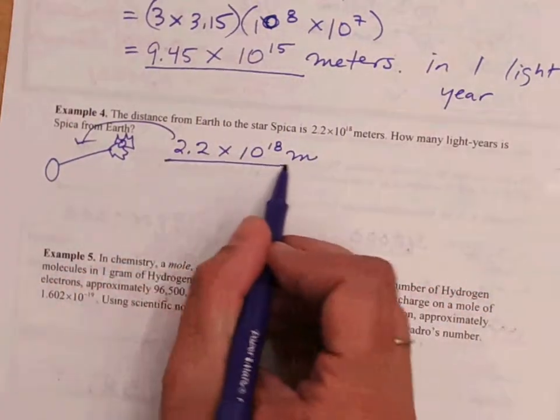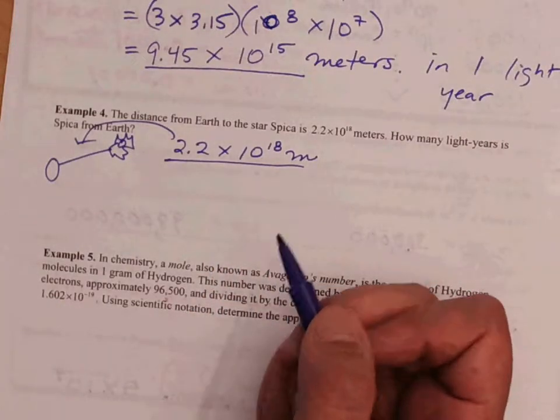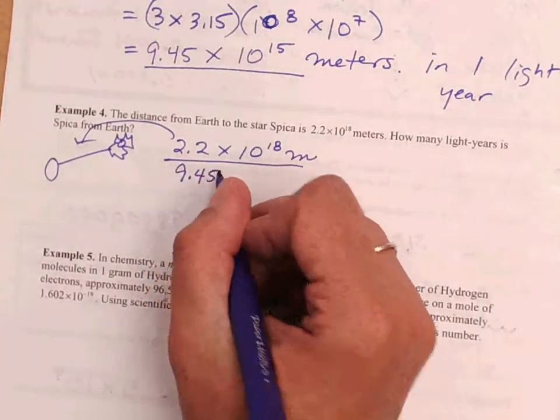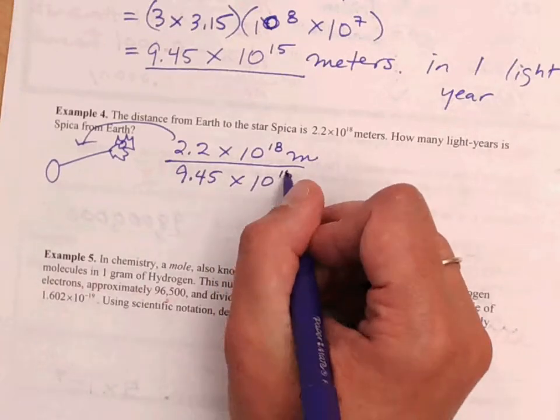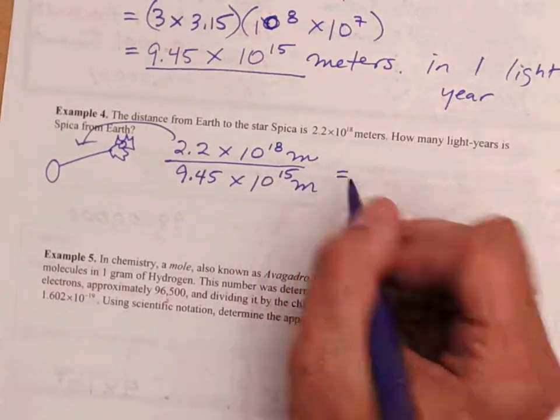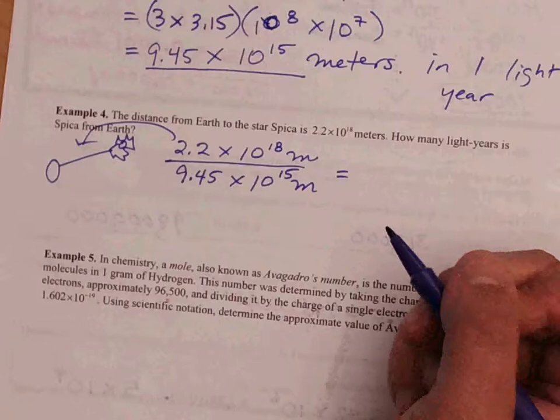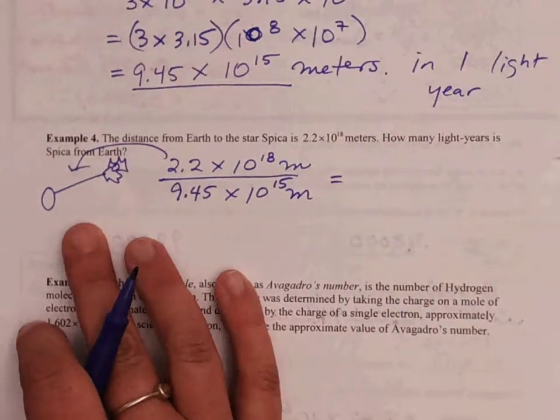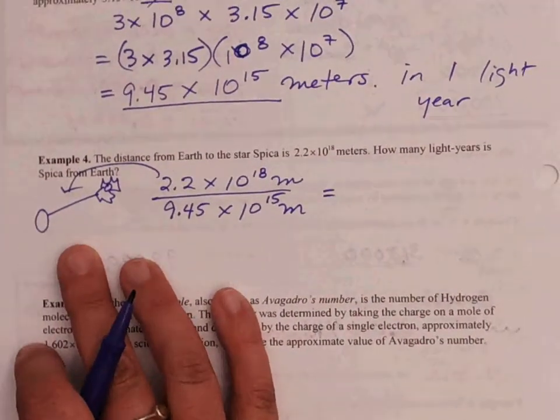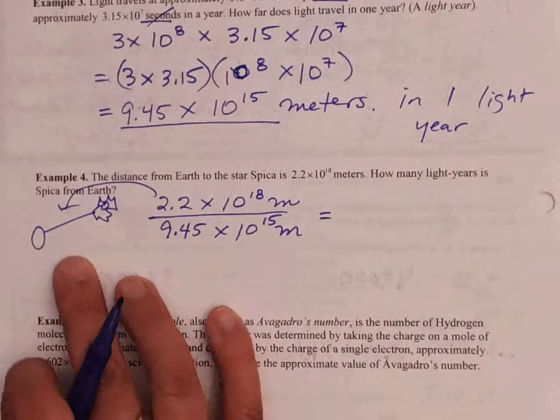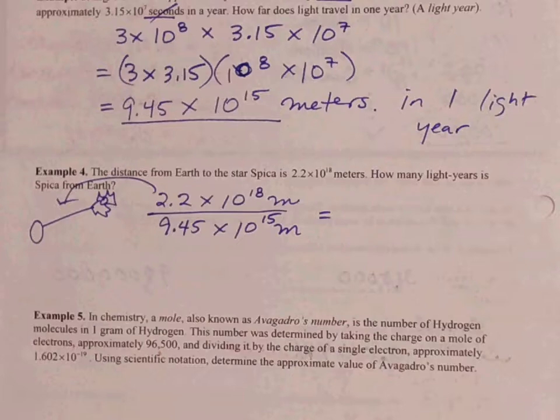So divided by 9.45 times 10 to the 15th meters. Okay? Is that wrong? In 1 year. So wouldn't that count as a light year?